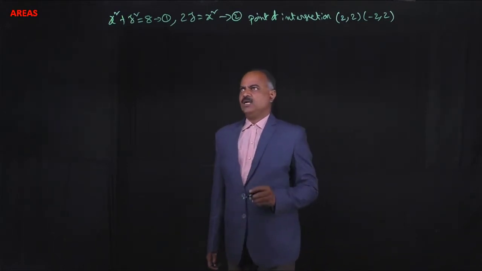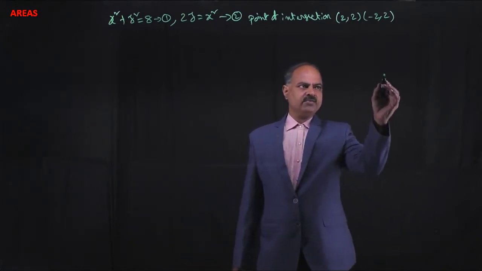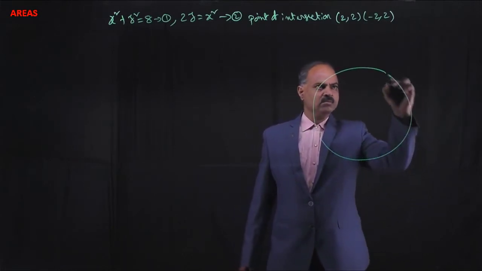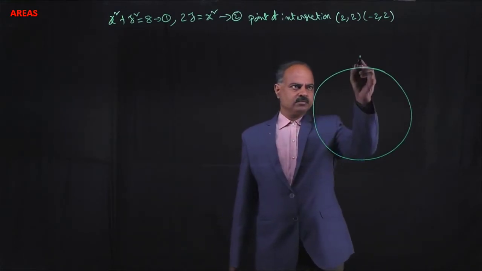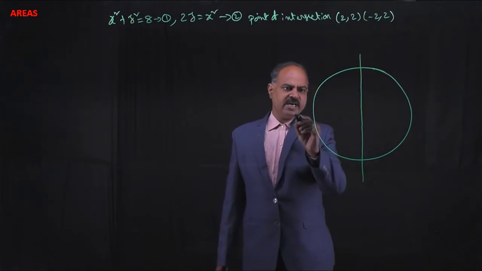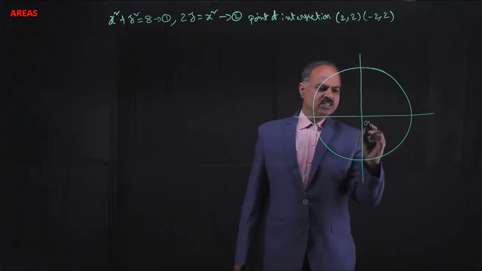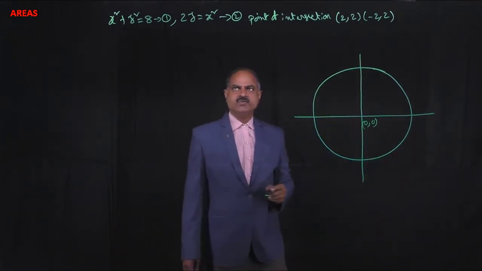So first draw the circle x square plus y square equal to 8. This is the y axis and this is the x axis. So this is the origin 0, 0. Next draw the parabola x square equal to 2y.